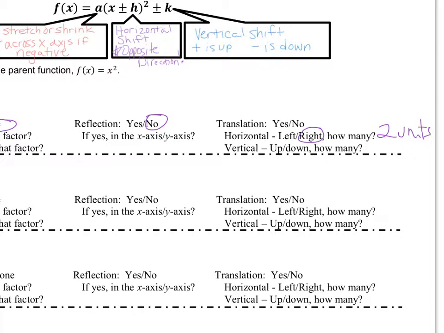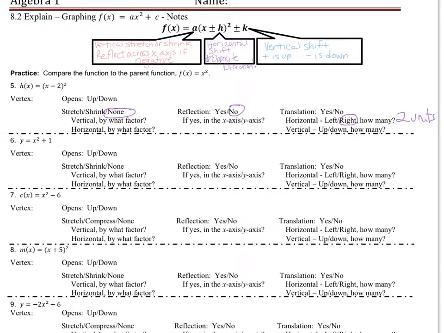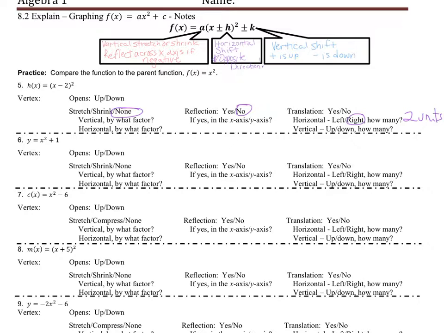And then we do not have a k value on here, so we know that it is not going to have a vertical movement. So if all we did was go left and right, so we just went to the right 2 units, our vertex has only just changed by shifting right 2 units.